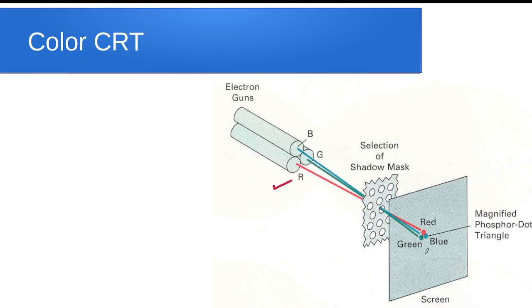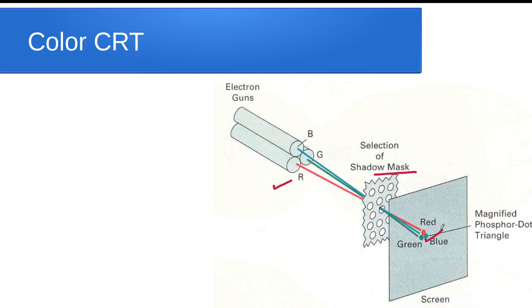Since they are arranged in a triangular way, the beams go through a shadow mask, from where they again come to the phosphorus coated screen, and it illuminates, and three of them coming together at the same place makes a color.